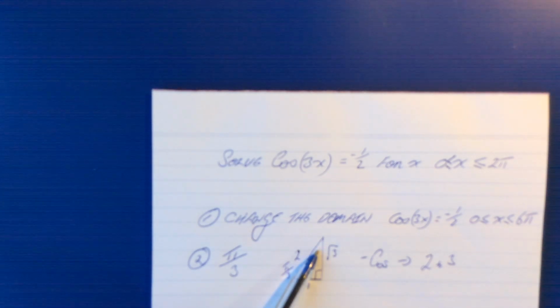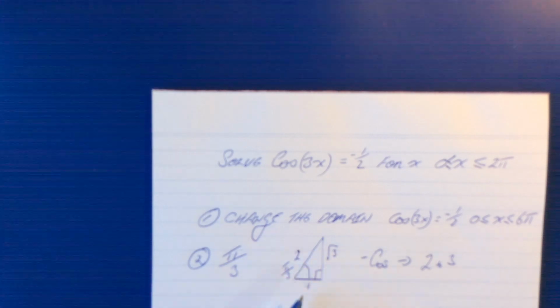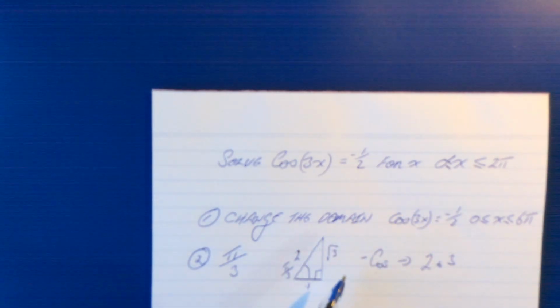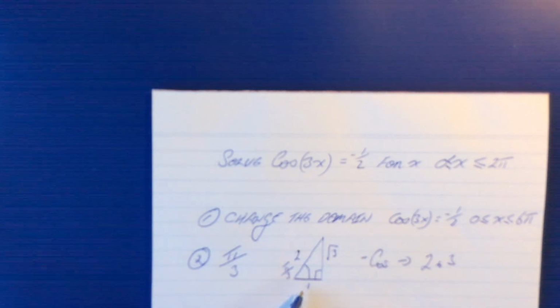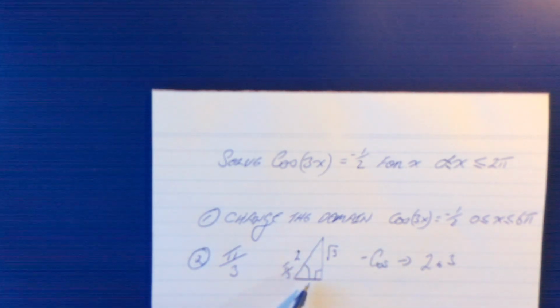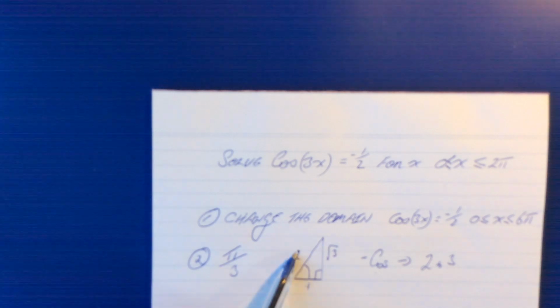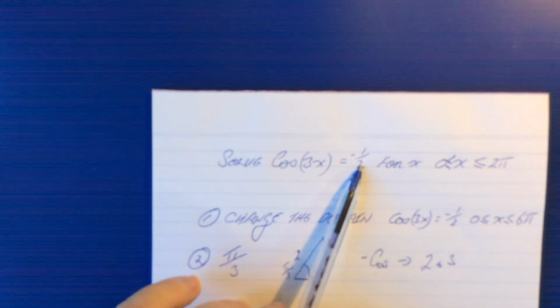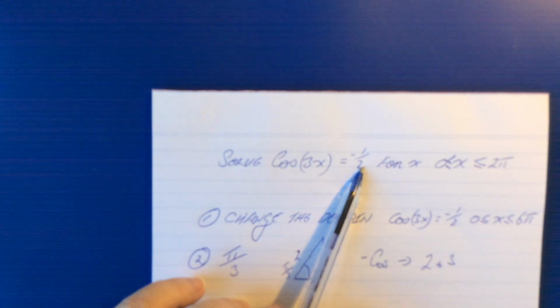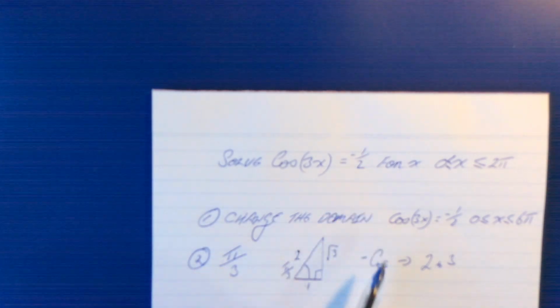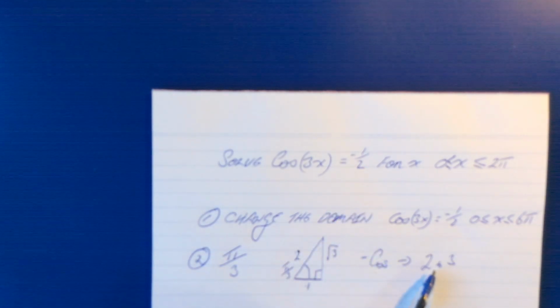This is pi on 6 up here. We're looking for pi on 3, and we're looking for, at the moment, the cosine. Now the cosine of pi on 3 is the adjacent over the hypotenuse, which is 1/2. That's what we're looking for, except that we're looking for where it is negative. And the cosine is negative in quadrants 2 and 3 of the unit circle.